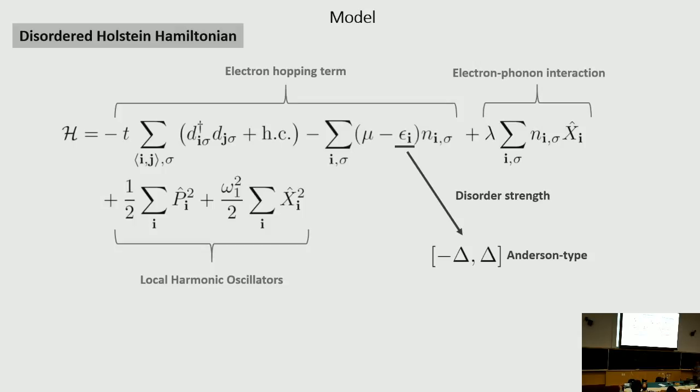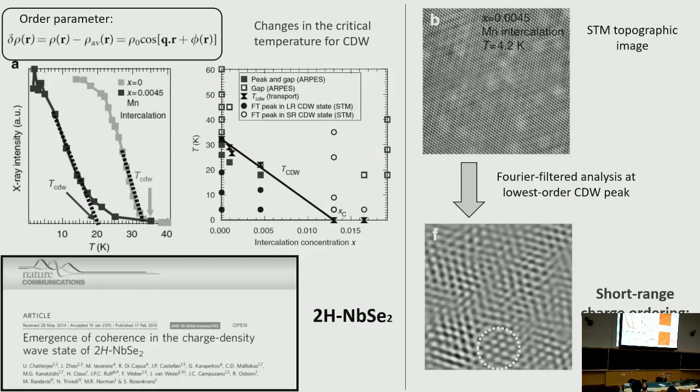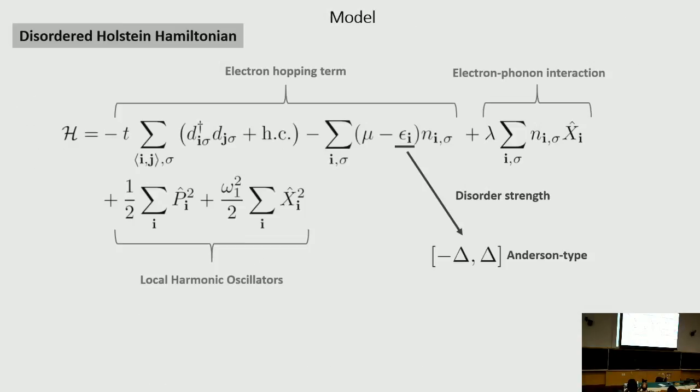The reason why we choose Anderson-like disorder is that experimentally, the inclusion of manganese basically changes the local phase of the order parameter. So it's like a random field addition in the system. Here we do it with a strength given by this number delta.